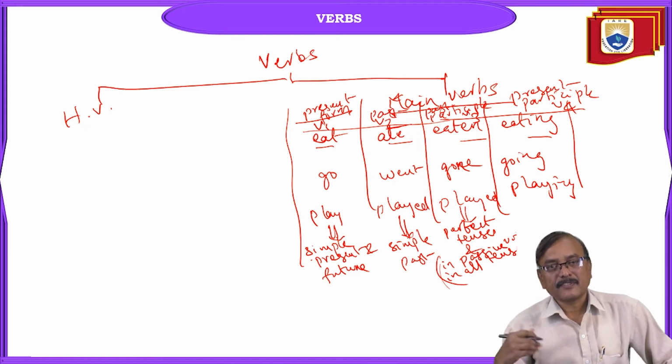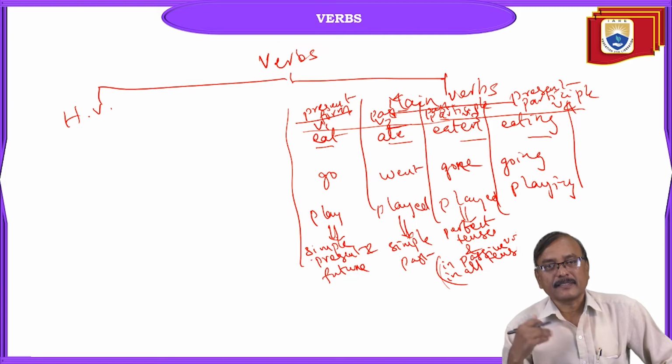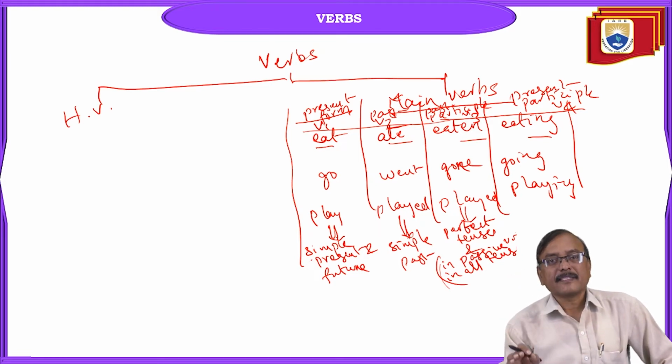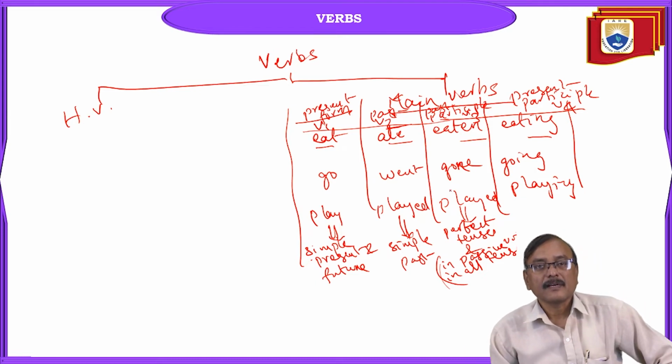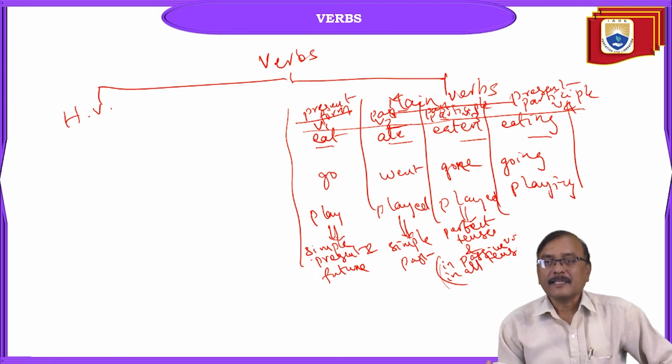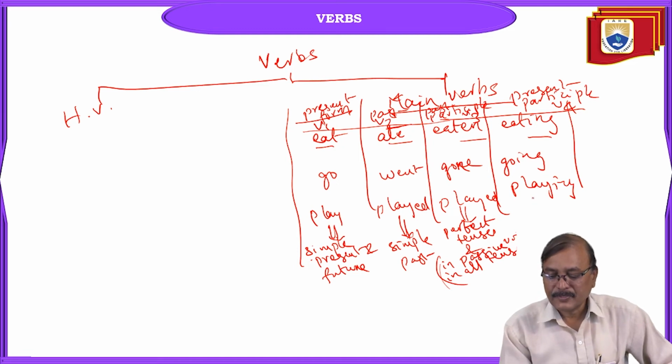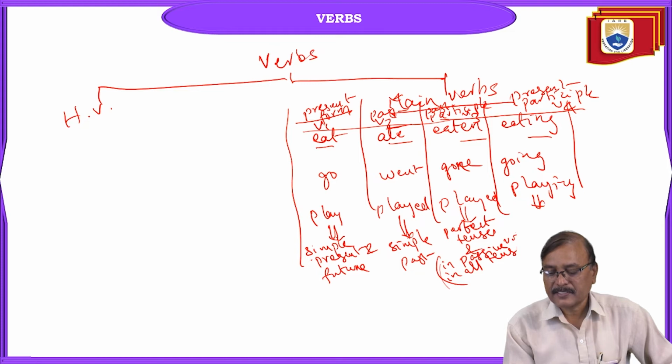Present tense, past tense, future tense, present continuous, past continuous, future continuous, present perfect. In passive voice, in all tenses, we use only the V3 form. Right? Next, this ing form is used in continuous tenses.